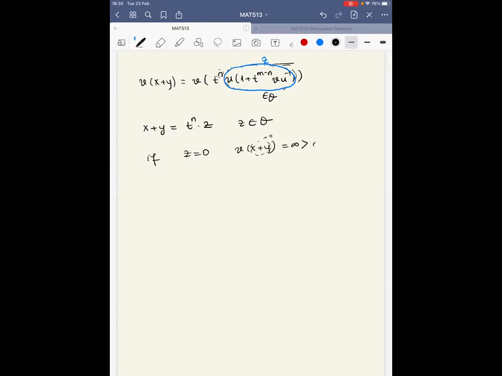This is obviously bigger than the minimum of V_P of X and V_P of Y.